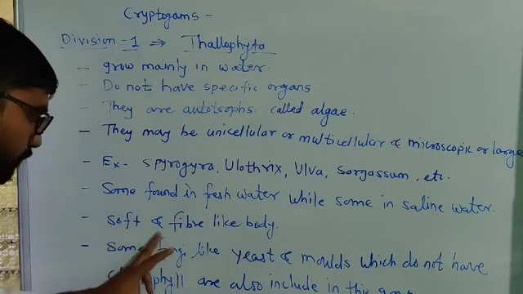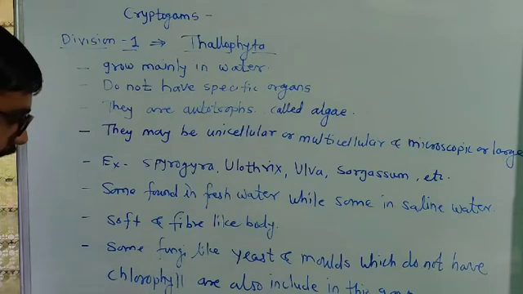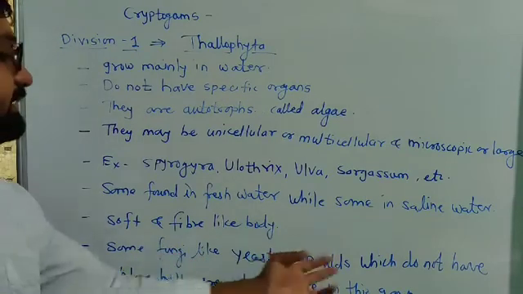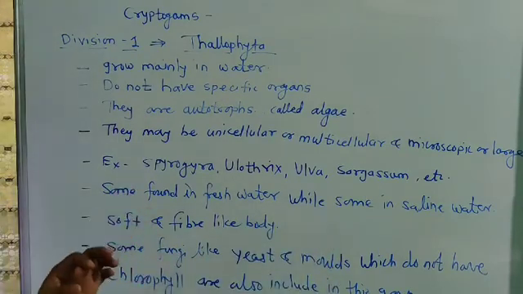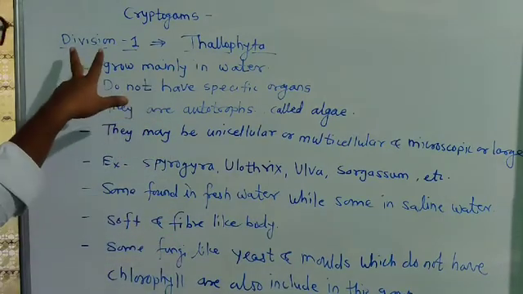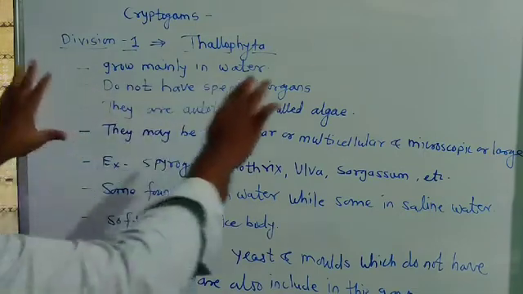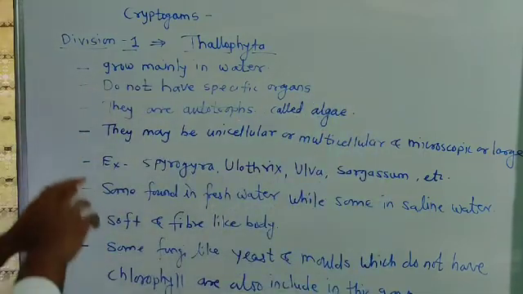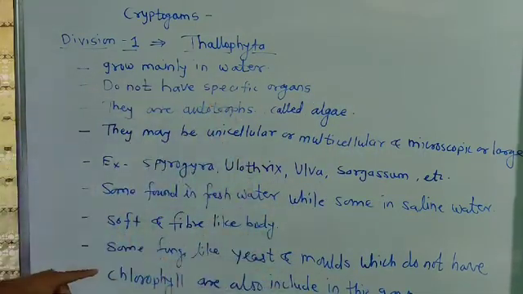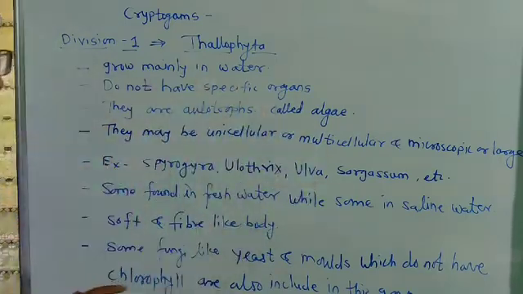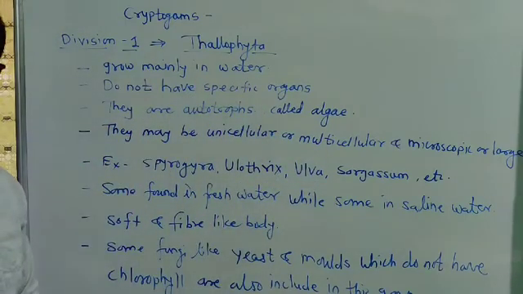They have a soft, fiber-like body, and also some fungi like yeast and molds which do not have chlorophyll still fall in the division of thallophyta. So you have to remember some characteristics of this division and some examples.